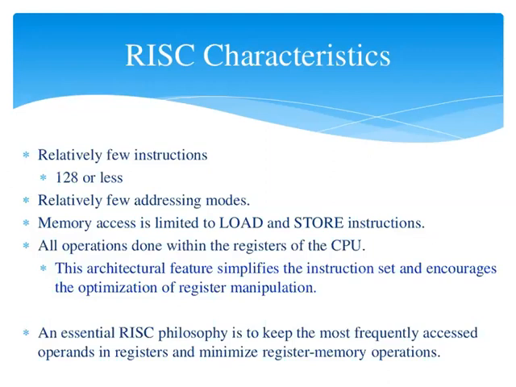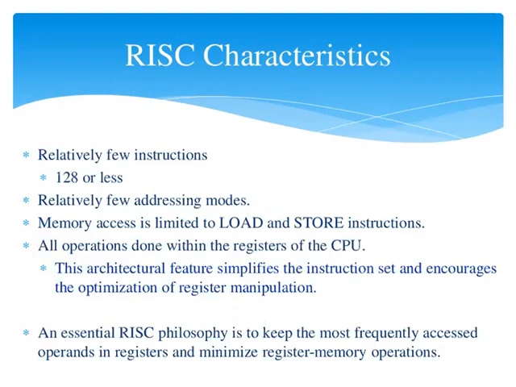There will be separate instructions for load and store, and all operations are done within the registers of the CPU. This architectural feature simplifies the instruction set and encourages the optimization of register manipulation. That's why RISC performance is very much better than CISC.